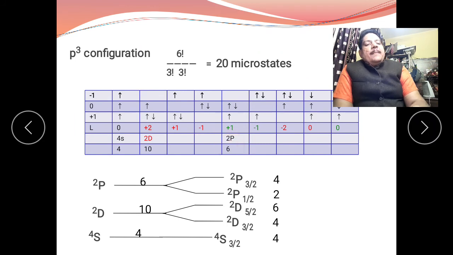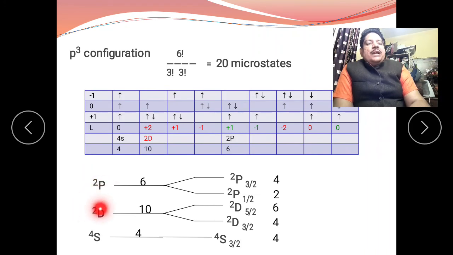It means that you can see here in the p3 configuration there are 4S, 2D and 2P electronic terms observed. Now the number of microstates in these terms is 4, 10 and 6, that is 2S plus 1 into 2L plus 1.